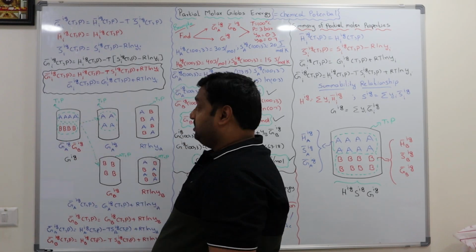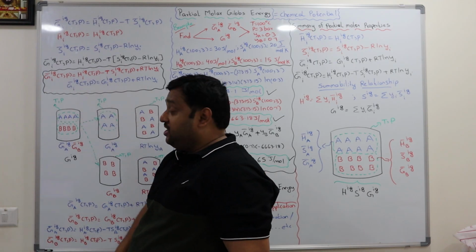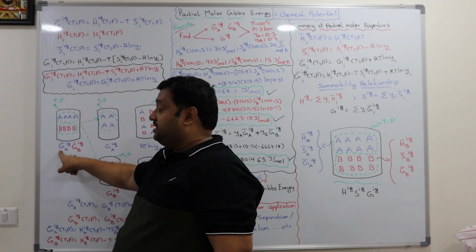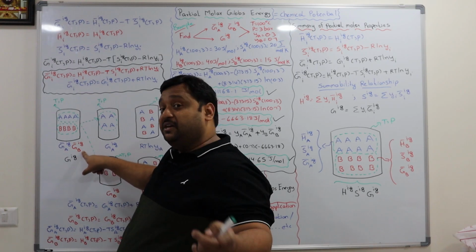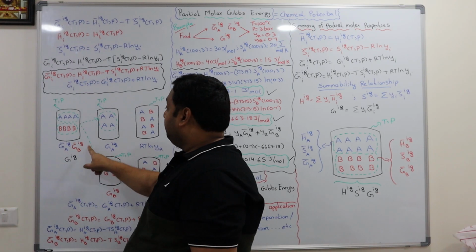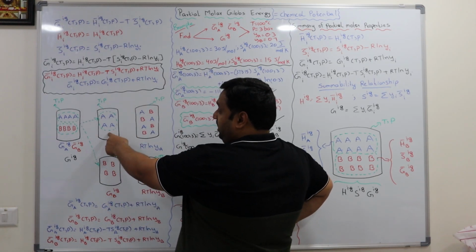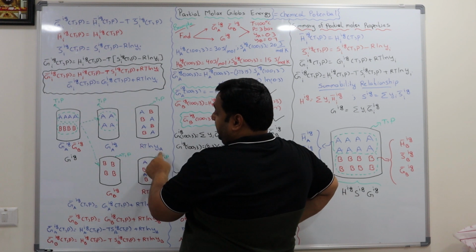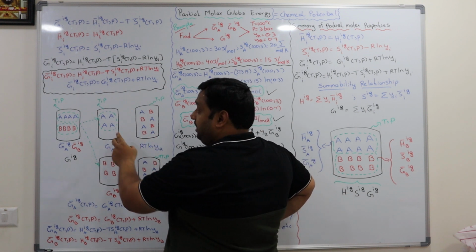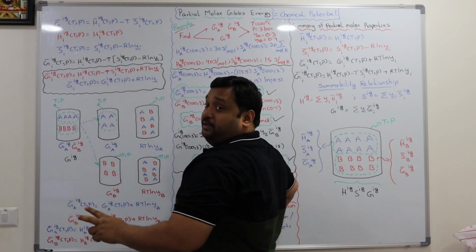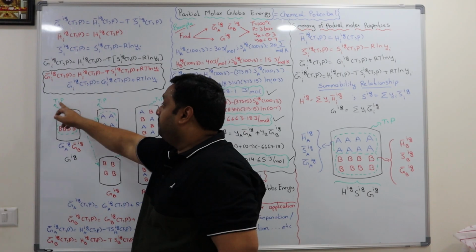For example, for a binary mixture, G bar A represents the partial molar Gibbs energy of A, and G bar B represents the partial molar Gibbs energy of B. G bar A is equal to the pure Gibbs energy of A plus RT ln yA. RT ln yA represents the mixing of A and B, and the pure Gibbs energy of A is at the temperature and pressure conditions of the mixture.